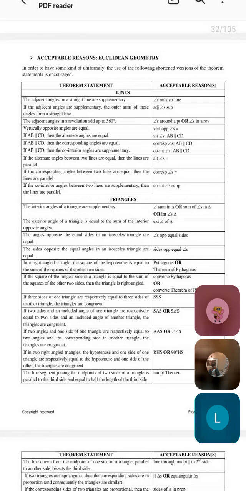The second last statement says if the corresponding angles, the angles that are found in the F-shaped position, between two lines are equal, then the lines are actually parallel. And then lastly, if the co-interior angles between the two lines are supplementary, what are co-interior angles?